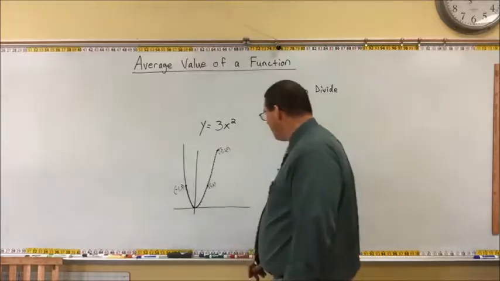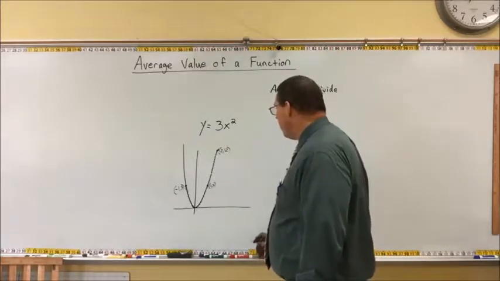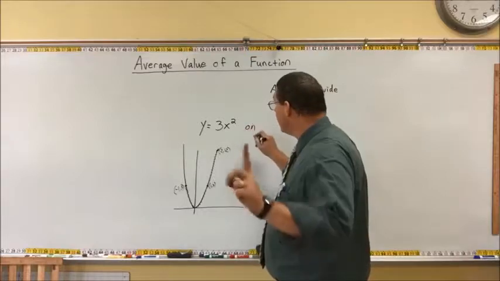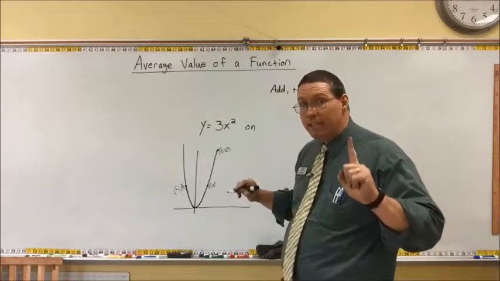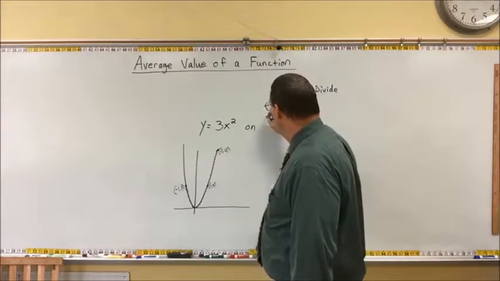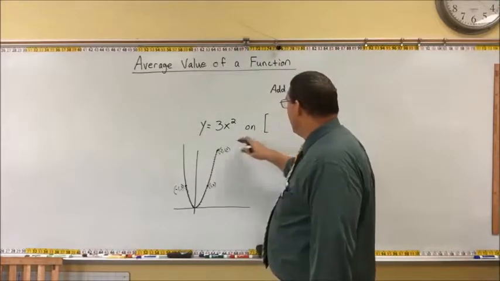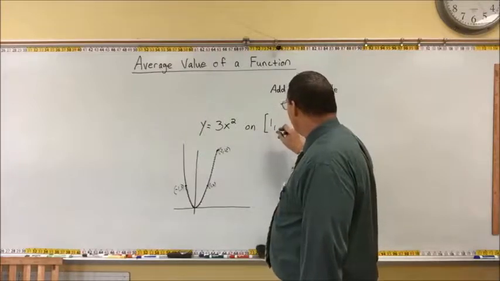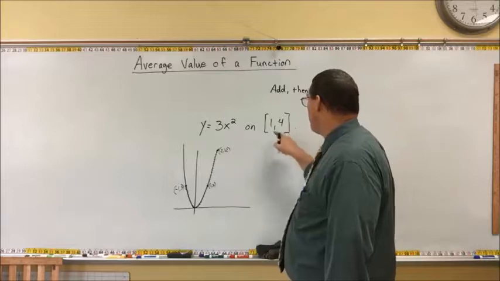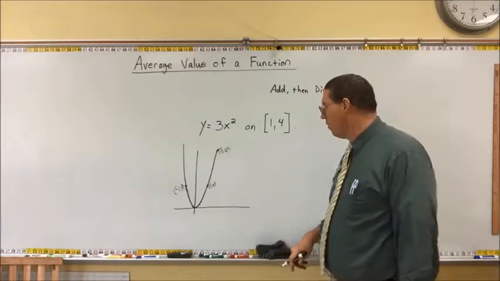Here's the idea. Let's say that we wanted to know the average value of this function on a limited interval. We have to have a limited interval to be able to find the average value of a function. What if we only wanted to know this function on the closed interval from 1 to 4?